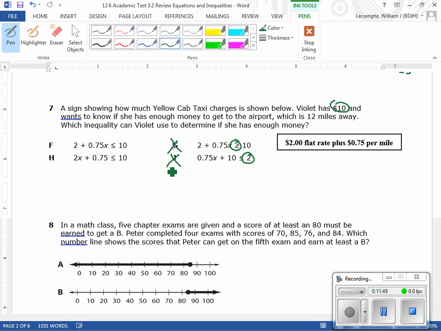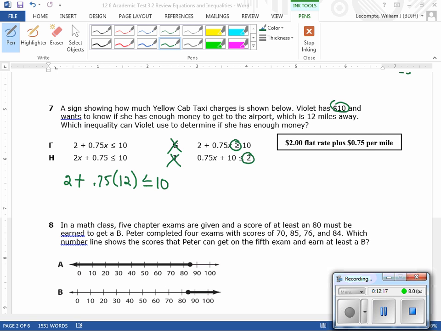I'm just not sure, but we have to put the 12 in for x to see if it works. Right? So 2 plus 0.75 times 12 is less than or equal to 10. If I multiply 0.75 times 12, I actually get $9.